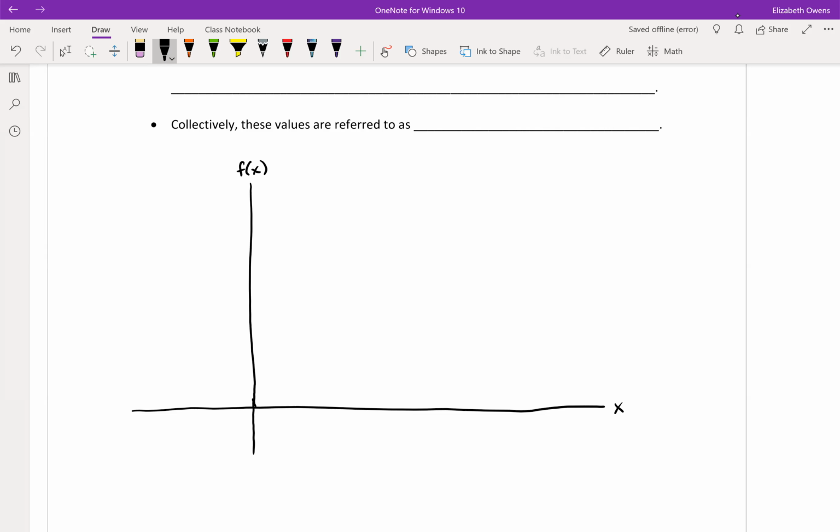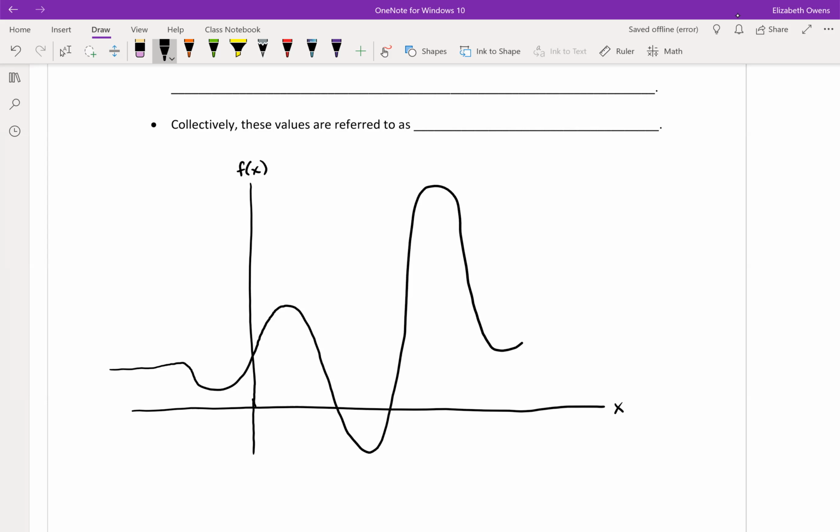So maybe it kind of levels off through here. But then it starts doing some more interesting stuff for us. Okay, maybe something like this. Woo. All right. And then it levels off again. Okay. Let's say that's our function f of x, some random thing there.